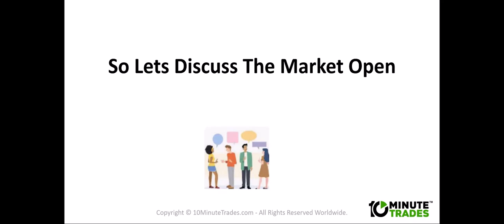So let's talk about the market open. Couple of things that I think are really important to understand. Market opens are inconsistent. So what does that really mean when you say an event is inconsistent? It means that one day it'll behave in a specific way, and another day it'll do the exact opposite, or it'll do a slight modification of the way you're trading.